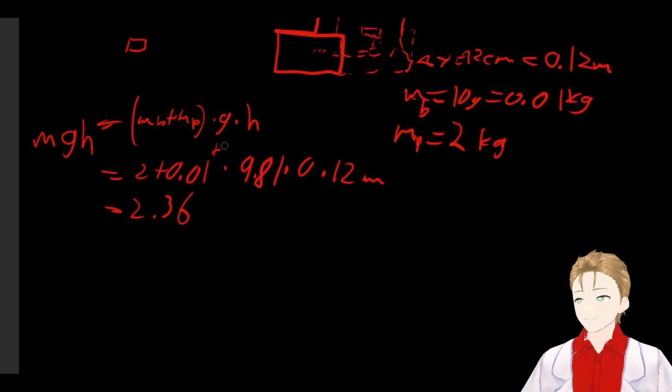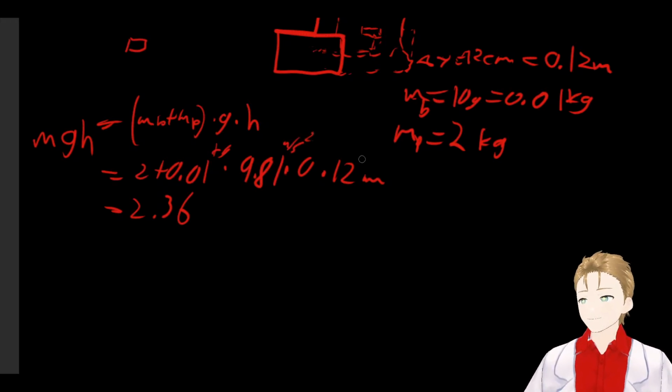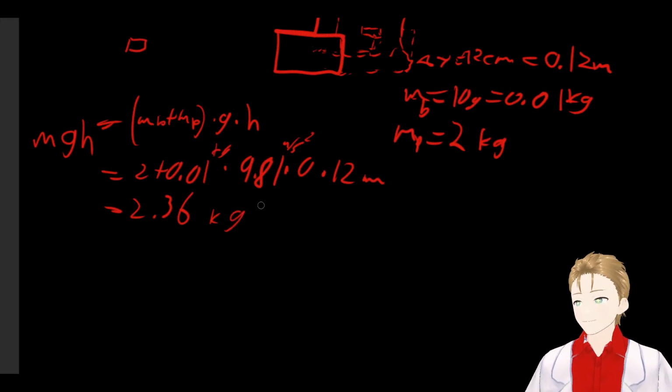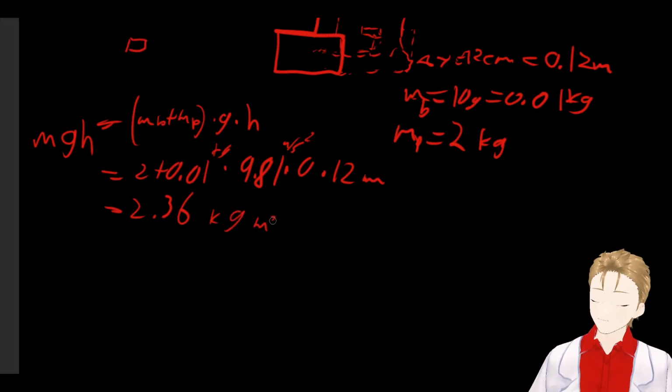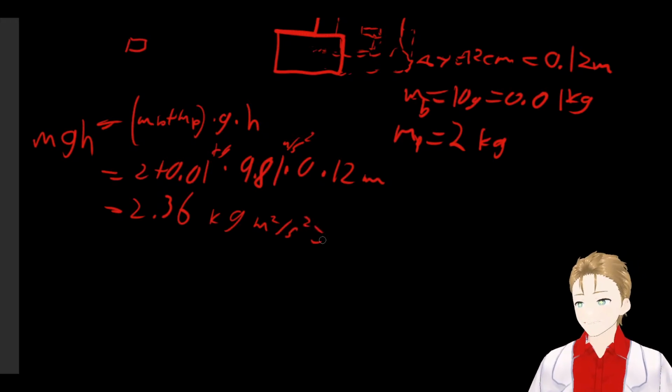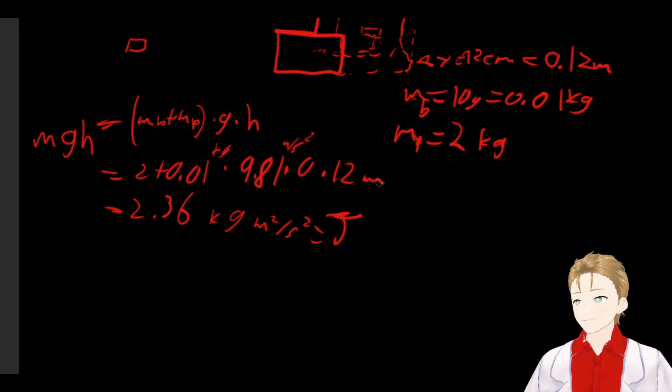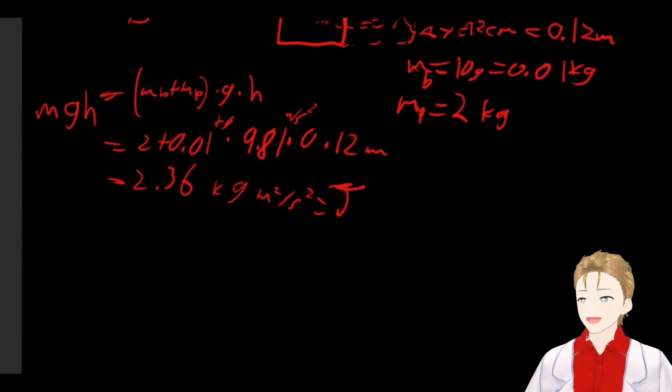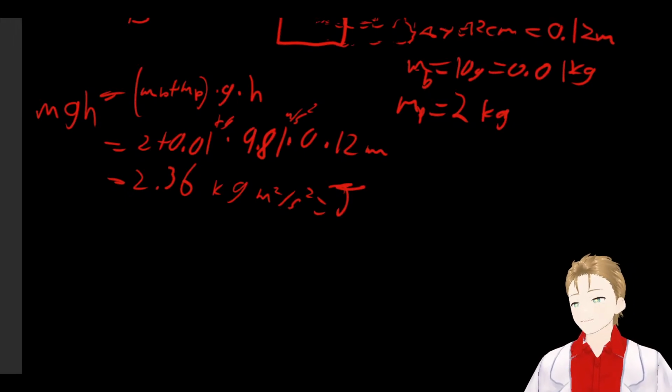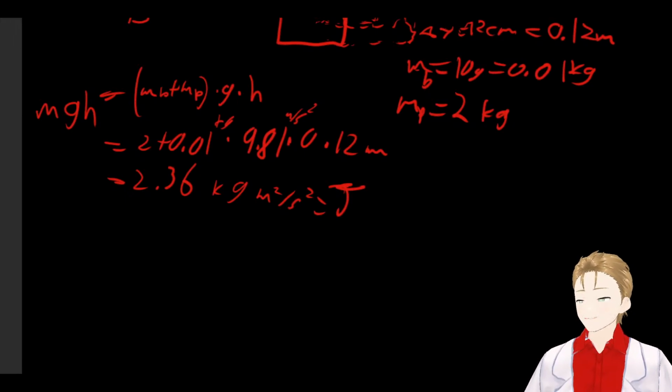That's kg times meters per second squared times meters, so it's basically kilogram meters squared per second squared, which is joules. 2.36 joules of energy, but that's not what we were looking for.